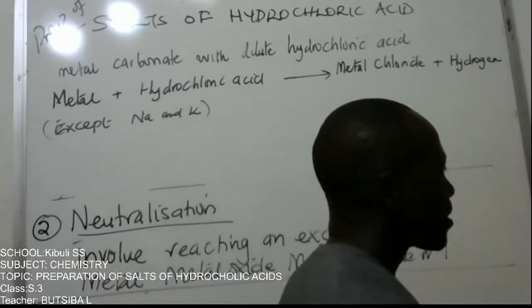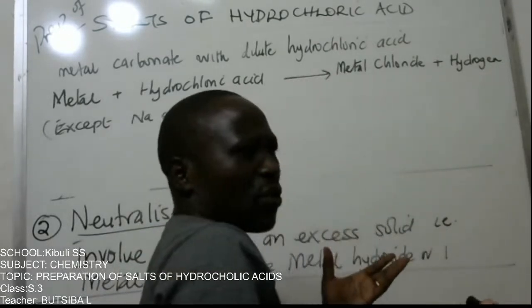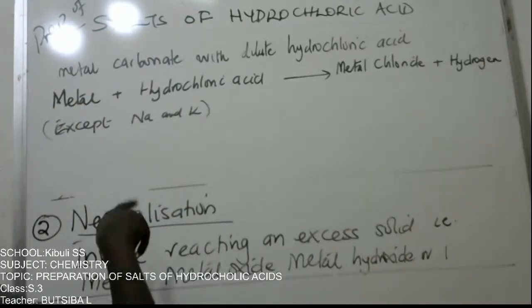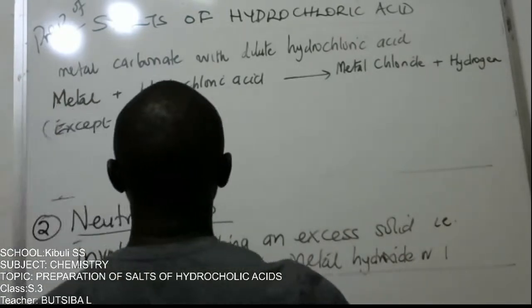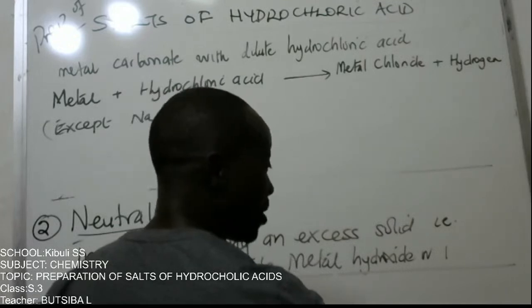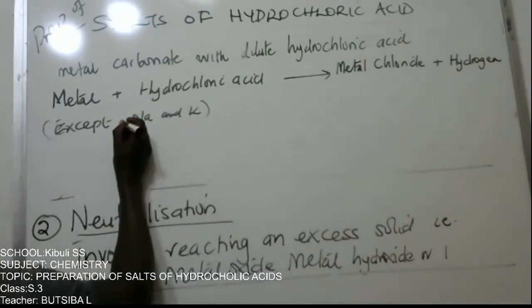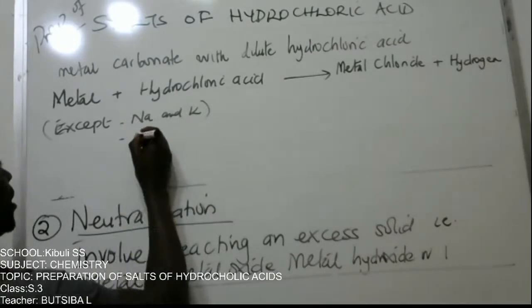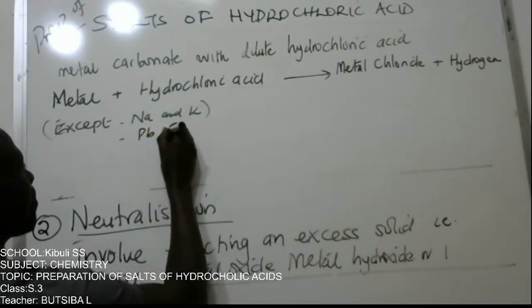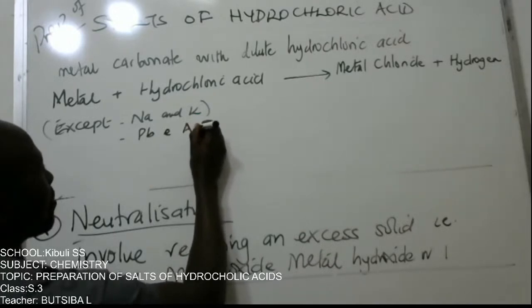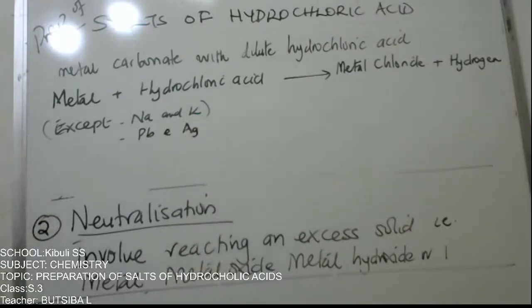However, other metals, it's okay. So what are we removing? We are removing those ones for that reason. What else should we remove? We are also going to remove lead. And silver. What's the reason this time?